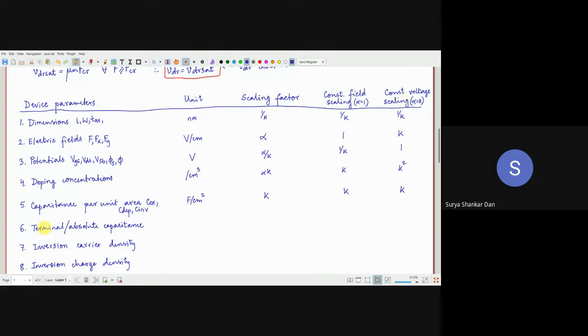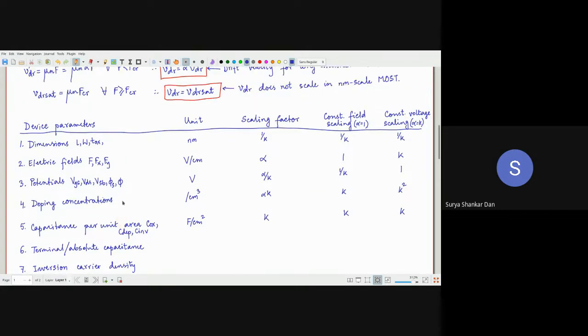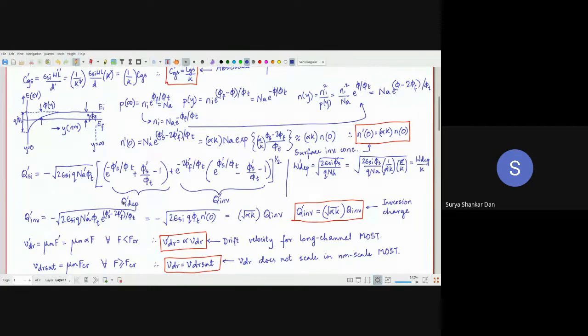Okay. Now let us look into the depletion part. Notice that the depletion formula was given like that. So there is root over twice epsilon Si times the built-in potential, that is the surface potential here, phi s, divided by QNA. Surface potential is a scalable quantity, Na is a scalable quantity. So it becomes phi s by Na. Phi s scales as, remember, it's a potential, so alpha by K, and Na scales as alpha K. Correct? So alpha alpha cancels, you are left with this.